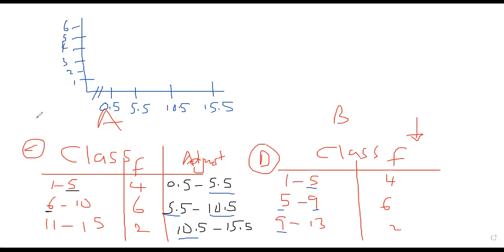So from 0.5 to 5.5, we get a 4. So this 4, you put it here. 5.5 to 10.5, we have a 6. So here we take this here. 10.5 to 15.5, we have a 2. So this is how this is done.